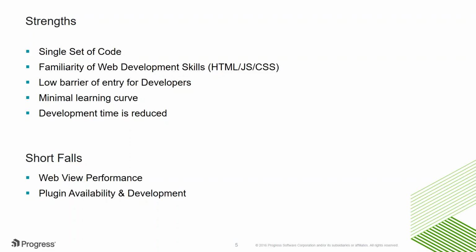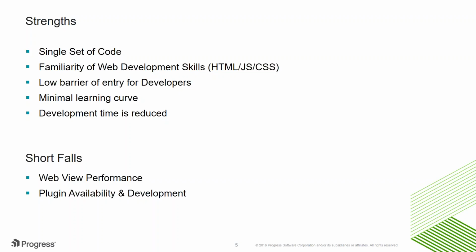But since this is Cordova and it lets me reuse my HTML, JavaScript, CSS skills, my barrier of entry is very, very low, and there's a minimum learning curve because I already know all the HTML, JavaScript, CSS, right? And development time is reduced because people who are coming into Cordova already know HTML, they already know JavaScript, so they get going immediately. There's minimal learning curve, so your development time is going to be faster because you're not learning something new and you start working with it.